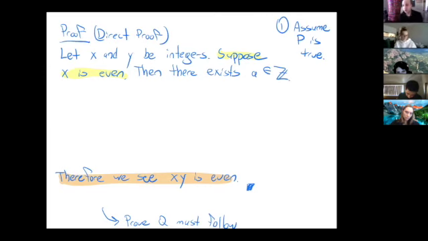If you look back at how we defined an even number, that means there exists some integer. So just so you know, Z refers to integers.